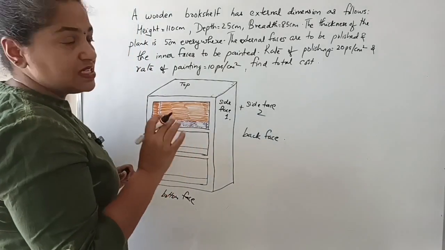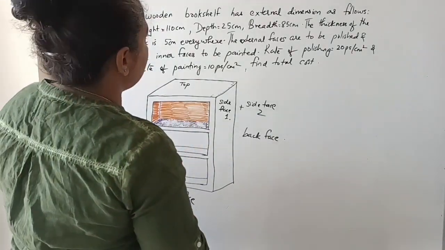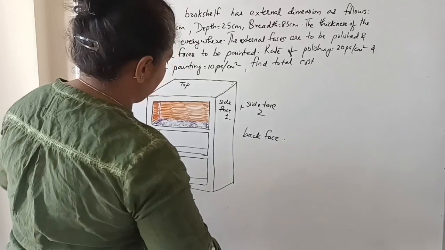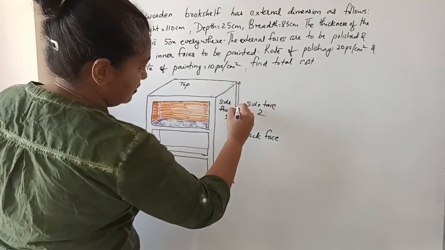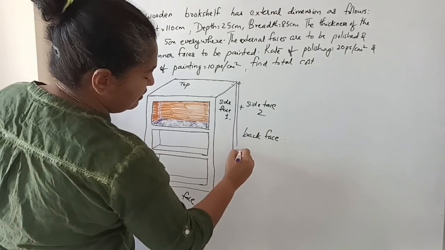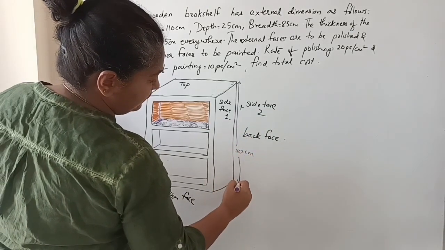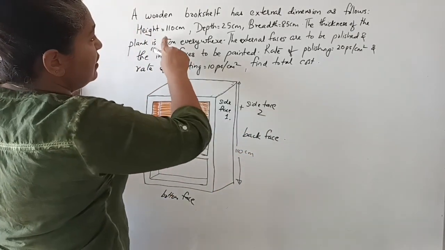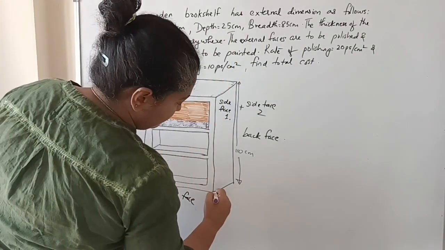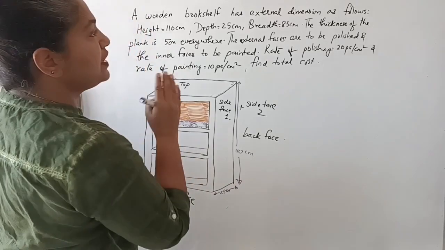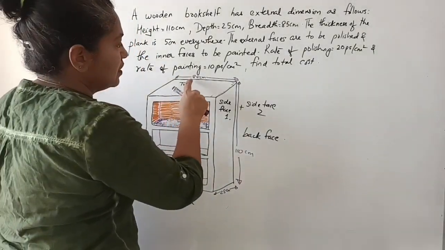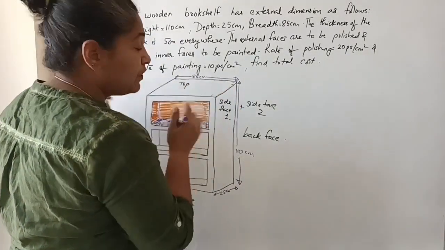Now what are the measurements that are given to me? It is given that the height is 110 centimeters. So I know that this value is 110. Right? Depth is 25. Now breadth is 85. Okay.